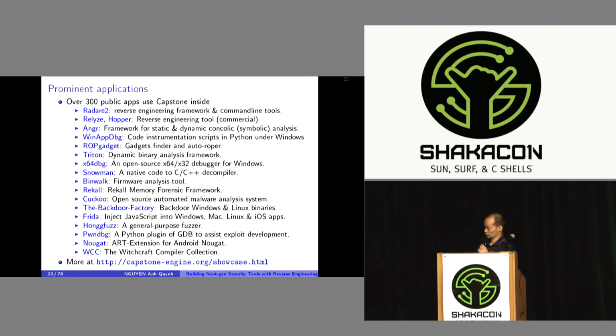ROPgadget is a tool for exploit writers to find the ROP gadgets inside the binaries. Keystone, also coming from the same author, it's a very nice tool for dynamic binary instrumentation. x86 debugger is another tool which is very nice for debugging Windows binaries. Snowman is a very nice decompiler built on top of Capstone.